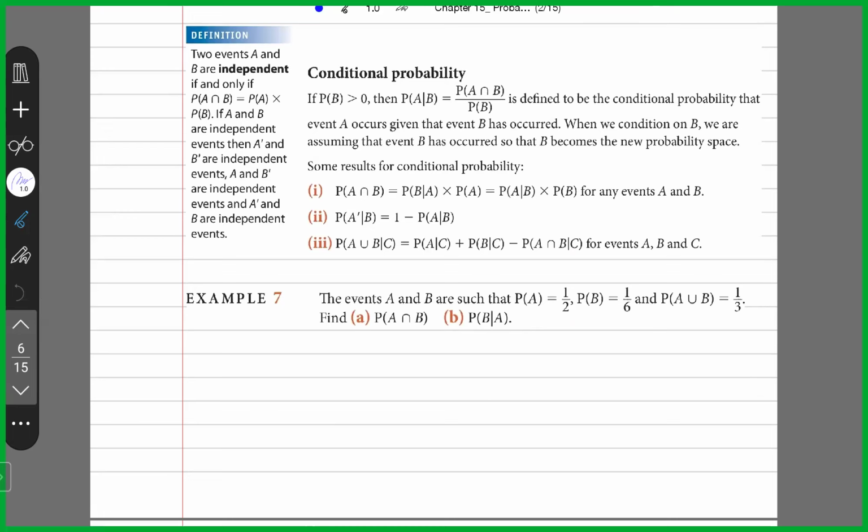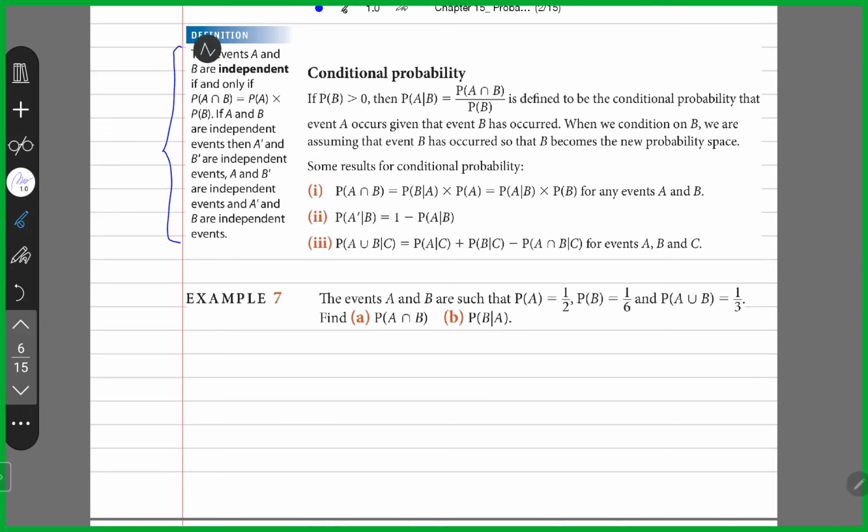So if A and B are independent events, then A complement and B complement are independent, and A and B complement are independent events, and A complement and B are independent events. So this entire column of information seems useful.